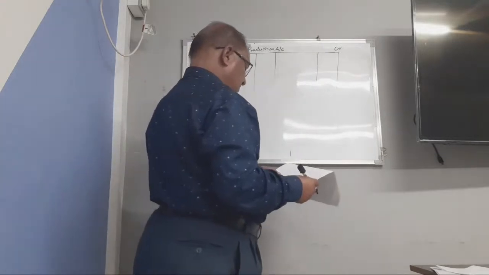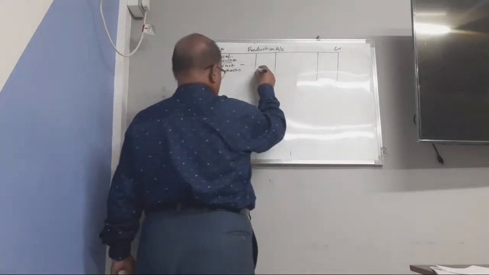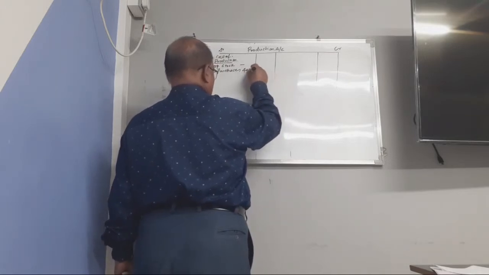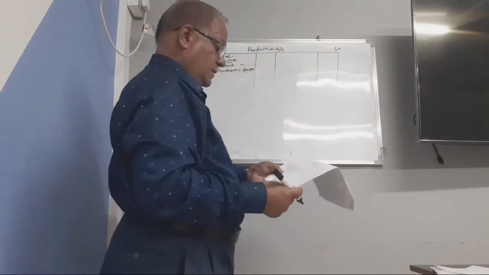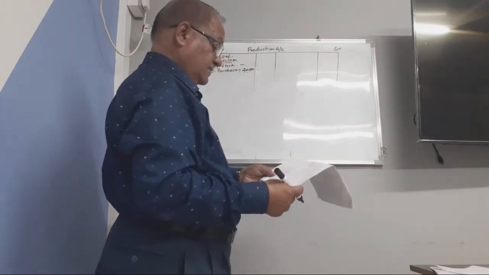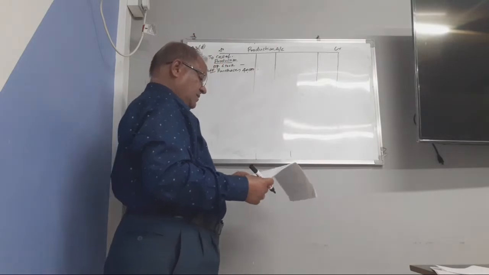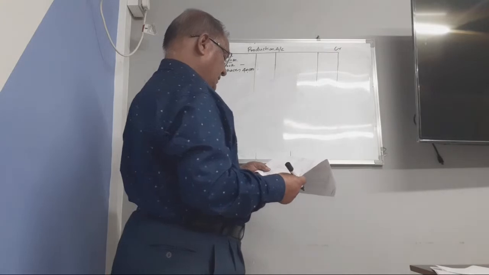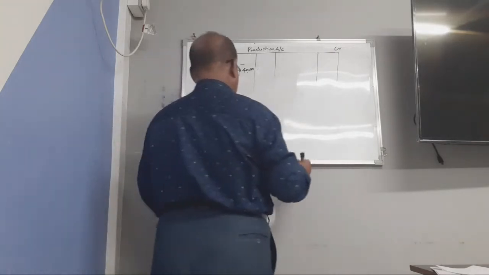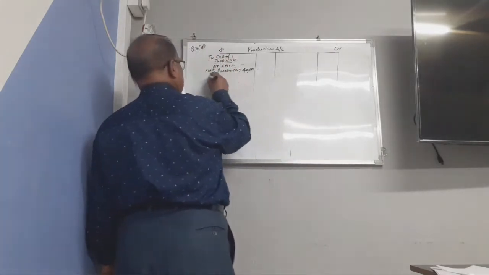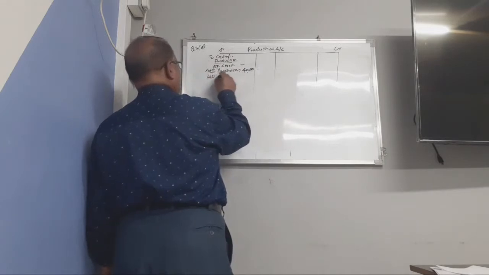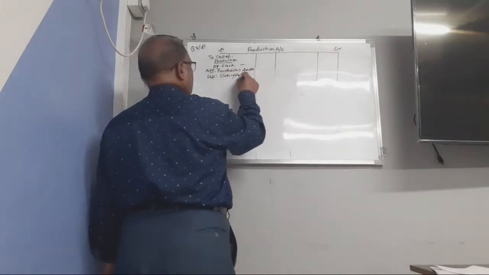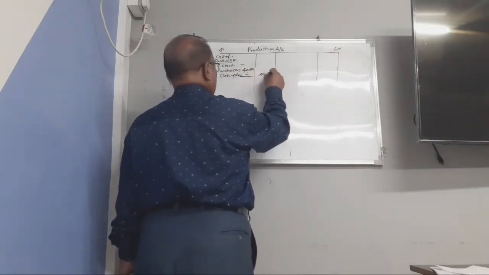The amount of purchases is 40,000. Now we take here. Closing stock is also not given, nil. We will get here 40,000.